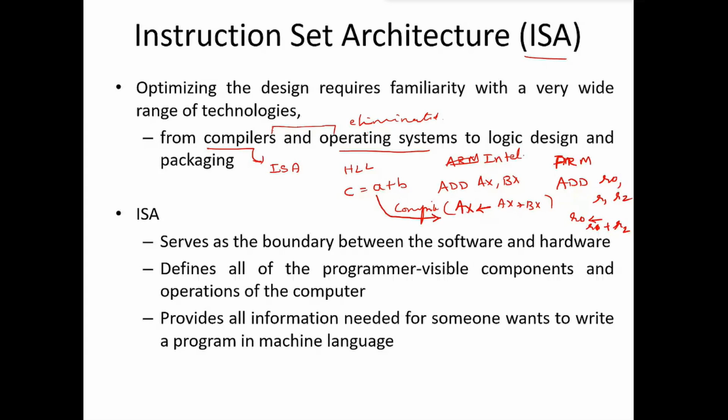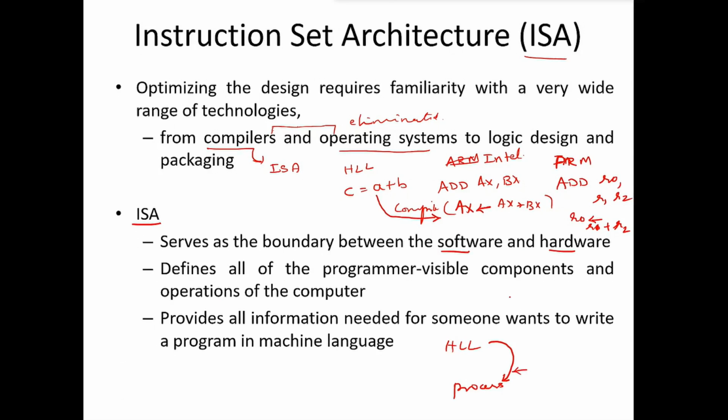So when you take the instruction set architecture, it serves as a boundary between the software and the hardware. Because you are writing in high level languages, and it has to be executed on the processor. To execute the program you have written in a high level language on the processor, ultimately it will be converted to the corresponding instruction set.